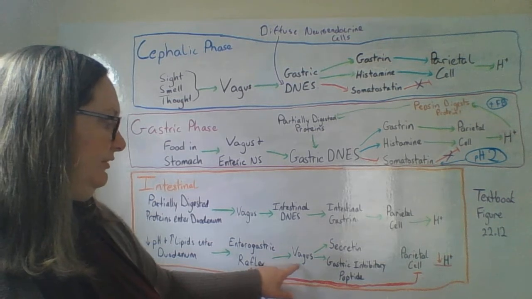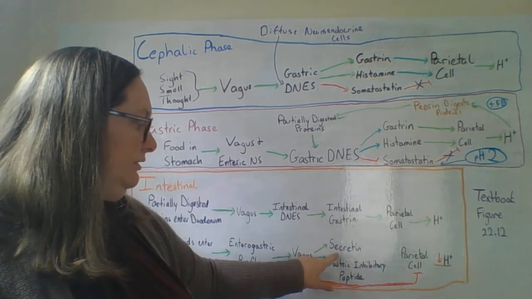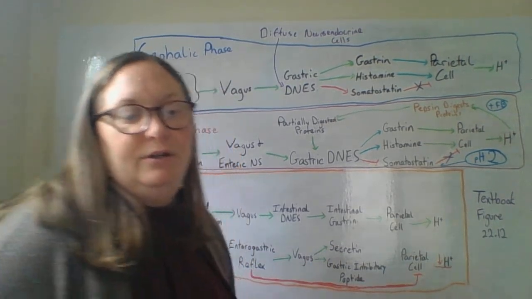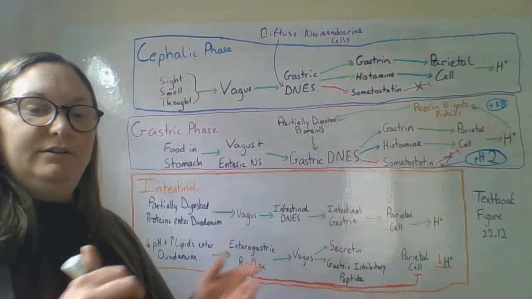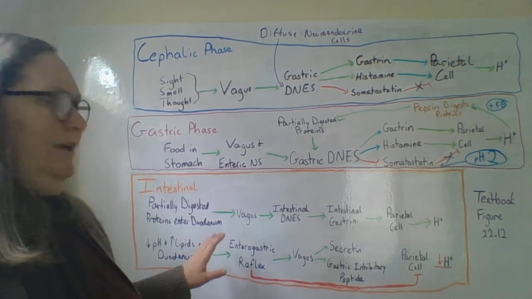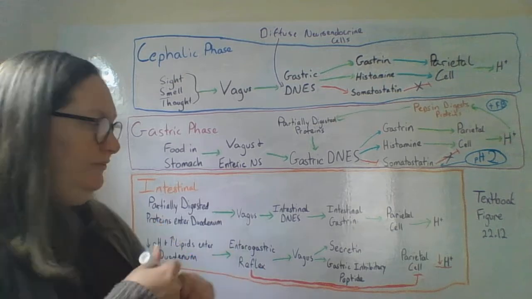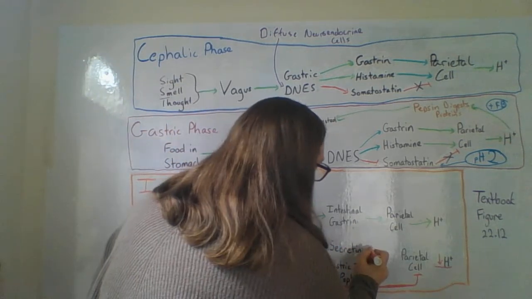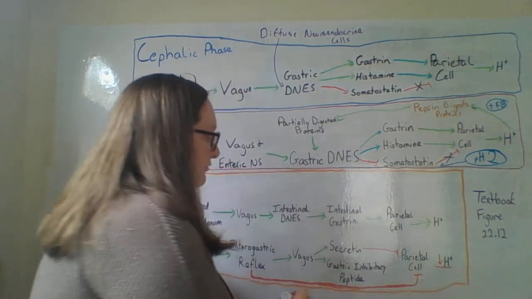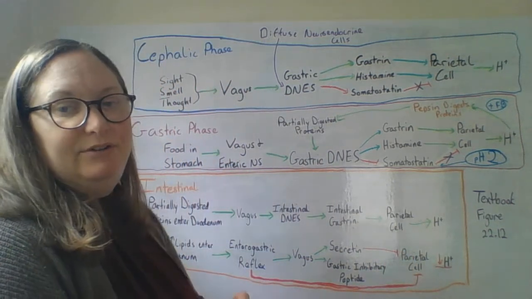Your vagus here is now going to activate secretin. If you're having trouble remembering, what does it secrete now? Secretin. So what is secretin going to do? Now we're in the, ooh, wait, too much phase. Secretin is going to inhibit. And gastric inhibitory peptide, what do you think that does?